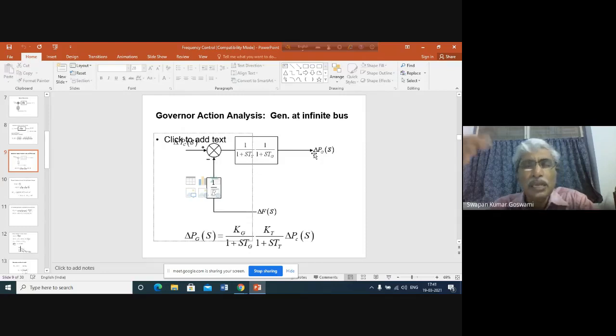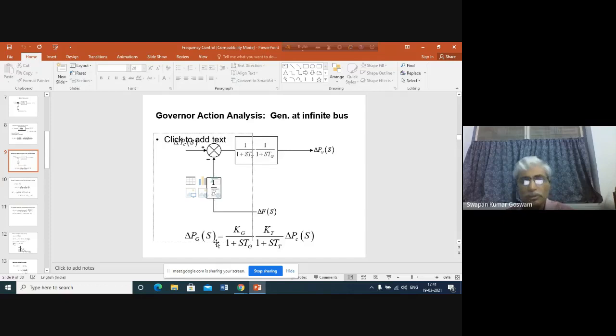This type of change of valve opening, because of governor action only, is possible. The governor can do this. So the governor on its own, because of load change, will be changing the opening of the steam valve. As a result, the output of the generator will change.